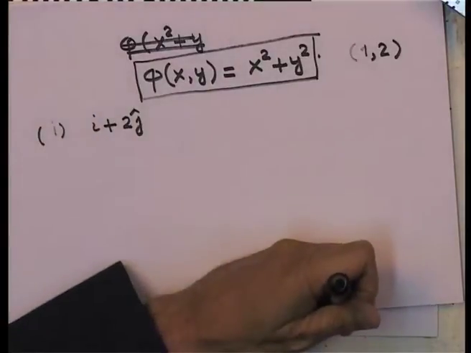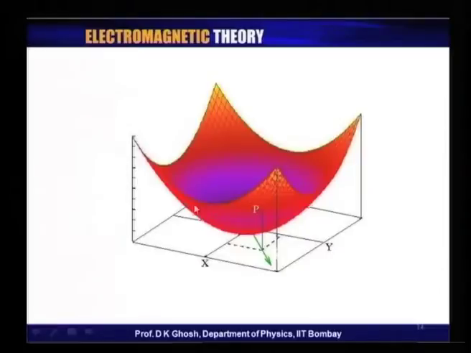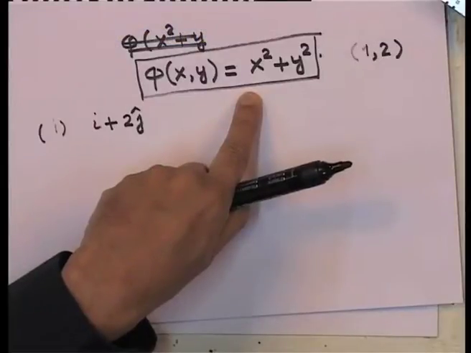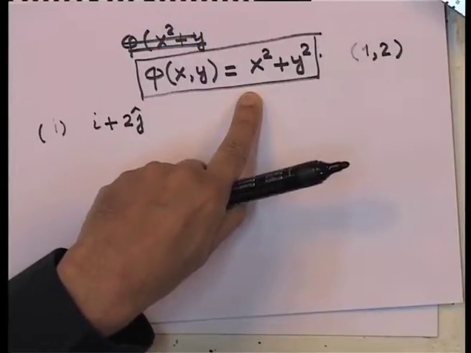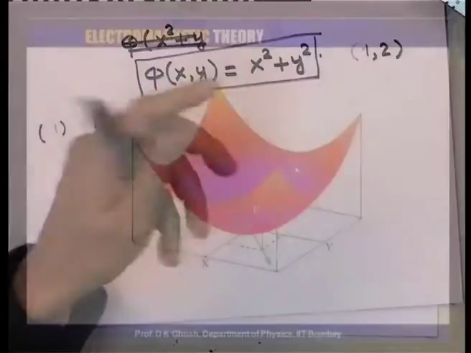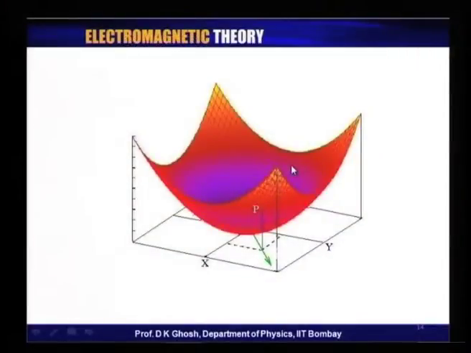So, this is a picture which comes from a certain computer plot. Here I have the x y plane, these are the coordinates, and the function is plotted along the z axis. Now, if you plot phi of x y, which is equal to x square plus y square, in such a 3 dimensional plot, what you find is a cup like structure.